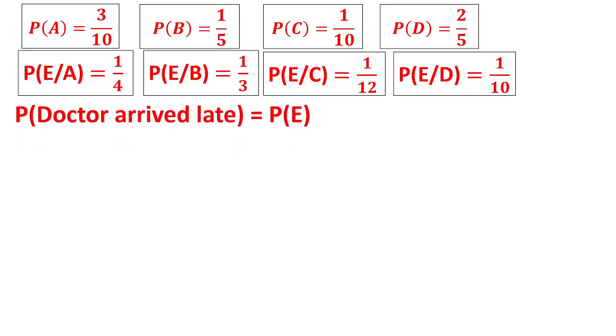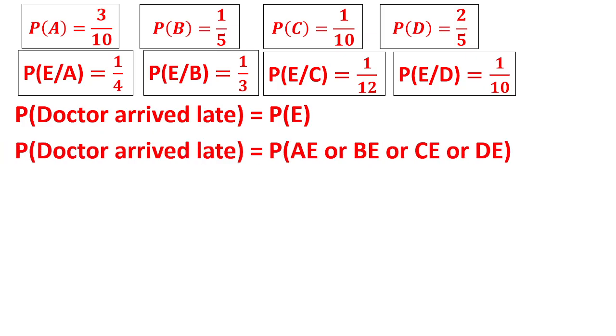So let us go for the doctor arriving late. It is P of E. Now what will happen? He will arrive late. There are 4 options. He arrives late by traveling by cab, or by metro, or by bike, or by other means. That is called A∩E, B∩E, C∩E or D∩E. All are mutually exclusive.